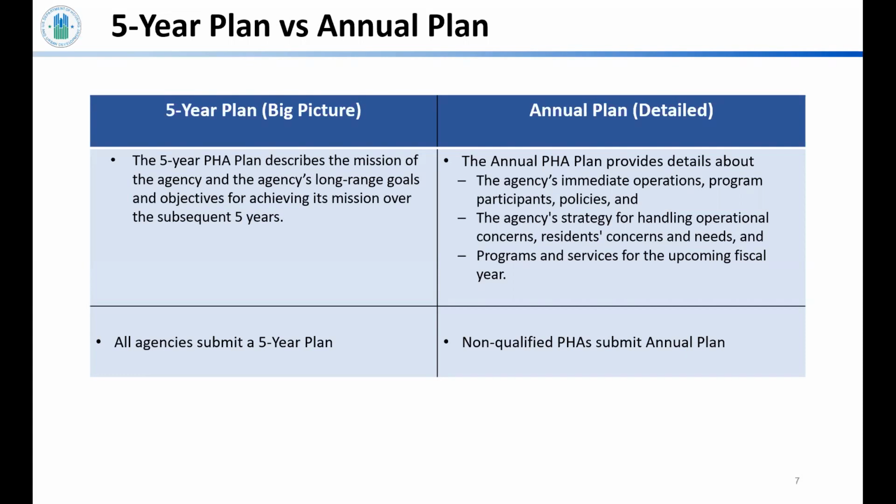This may include selection policies, grievance procedures, demo/dispo actions, which include RAD, designated housing plans, pet policies, and a whole lot more. 24 CFR 903.4 is the regulation that defines the two different plans.